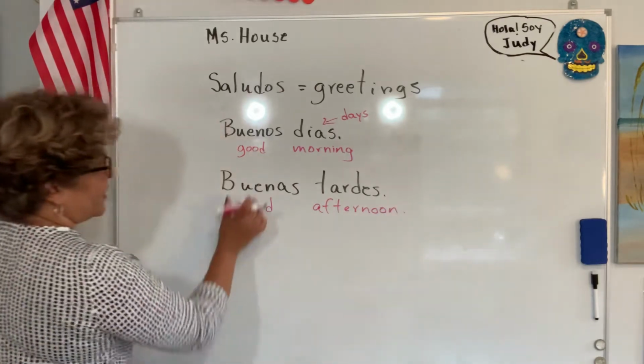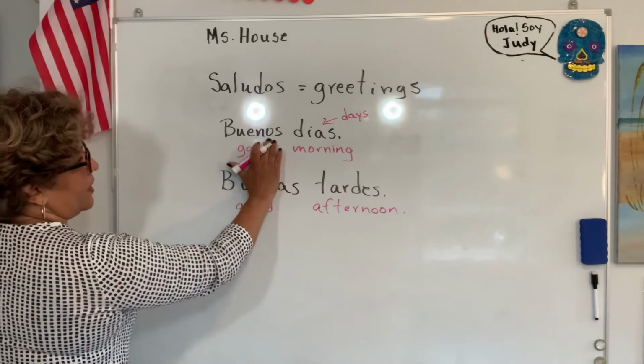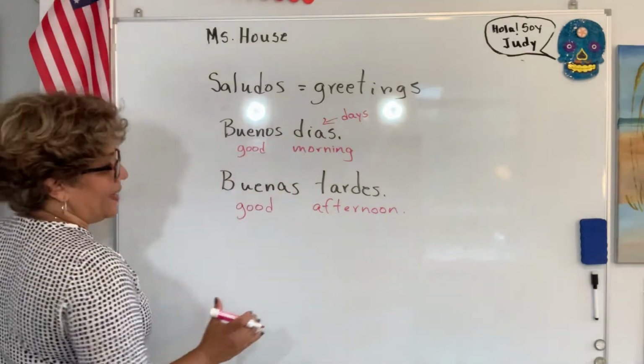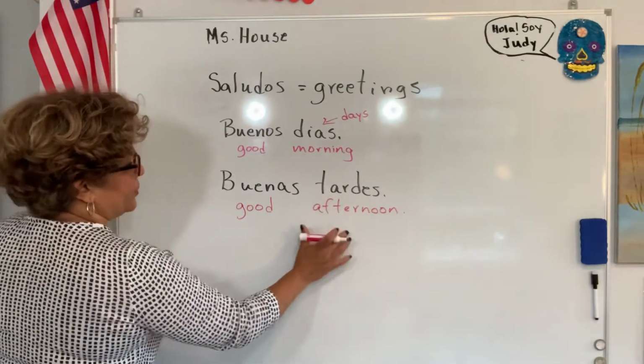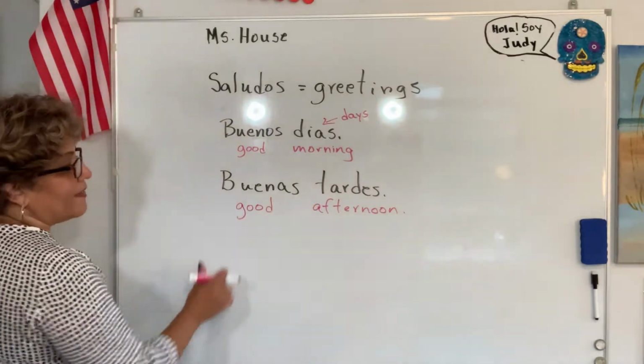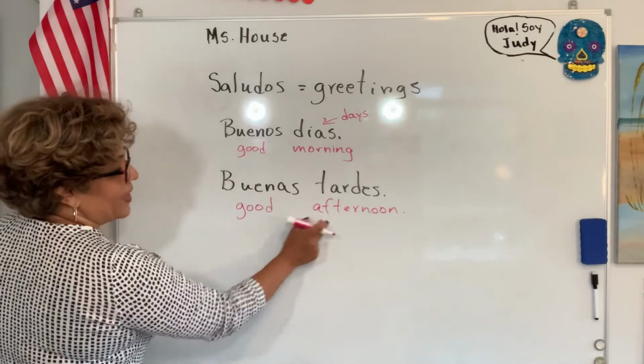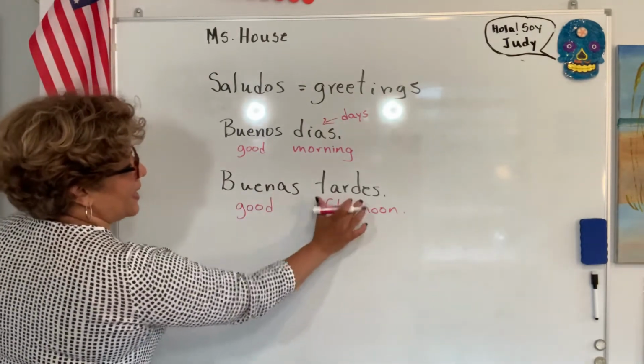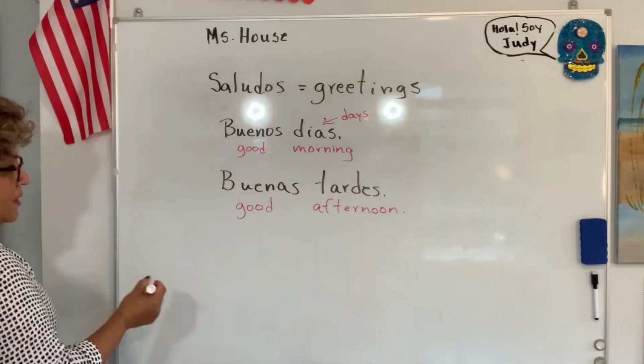You can see that I used a masculine adjective here to describe days, because days is a masculine noun, but afternoon in Spanish is a feminine noun. That's why the adjective is describing it with an A, to indicate that it's a feminine noun.